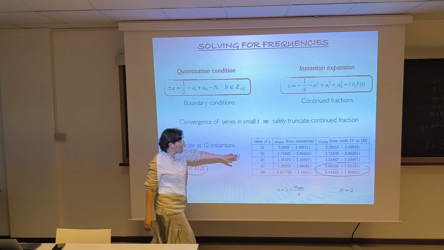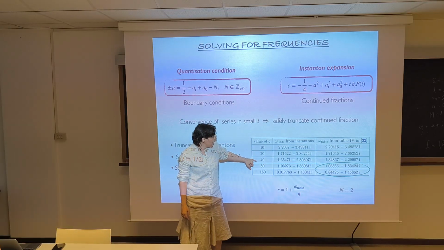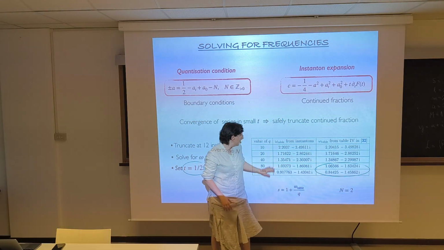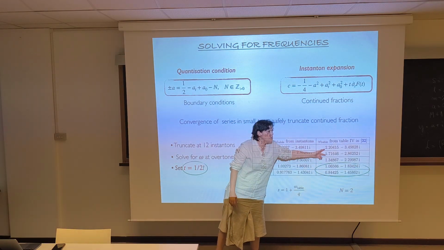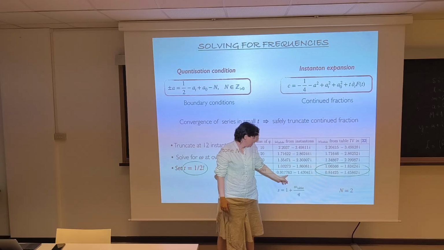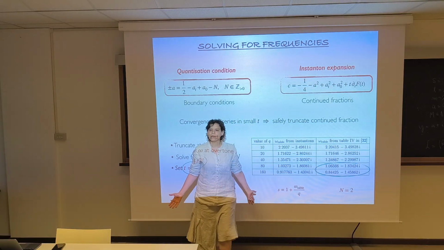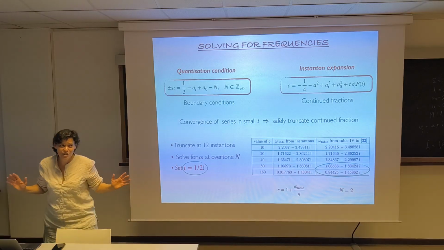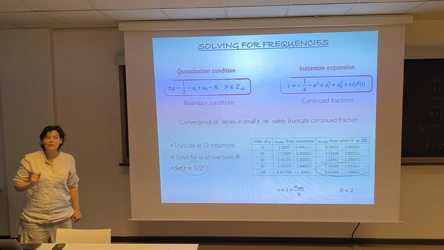What you find is that for reasonably large, but not too large values of q, for just n equals 2, they seem to agree. But then you start increasing q, and it gets worse. Clearly, setting t equals a half is not cutting it.